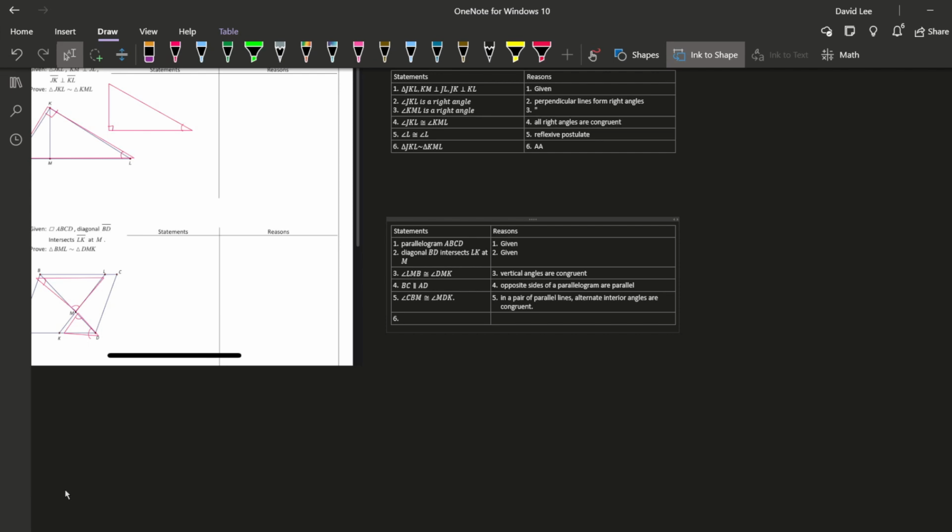Okay, almost done. So we have two angles now. Now we can say the proof that they want: triangle BML is similar to triangle DMK because angle. That is it.